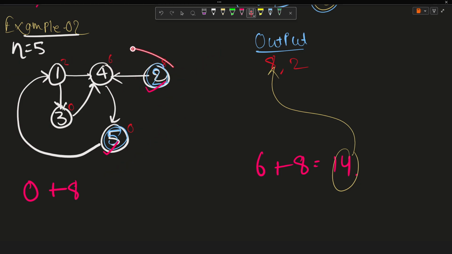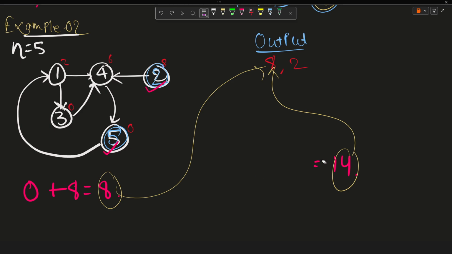So each of the nodes of the graph is now protected, and in order to achieve this result we had to spend a total of 8 units of money, right? Which is our output also. So the output for this example is 8, because we had to build checkposts on the second junction and the fifth junction, and that would cost us a total of 8 units of money. So now you know why the output for this example is 8.